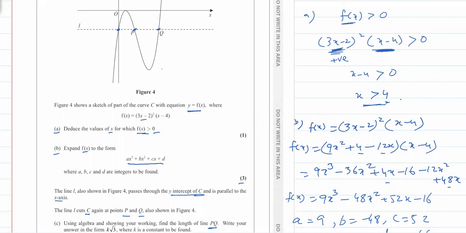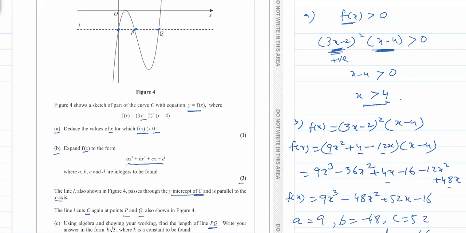Okay, to do so, line L is shown here, that is passing through the y-intercept of C and is parallel to the x-axis. Now, what is the y-intercept of this curve actually?